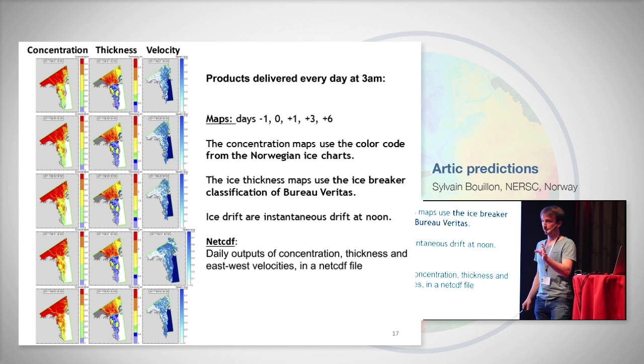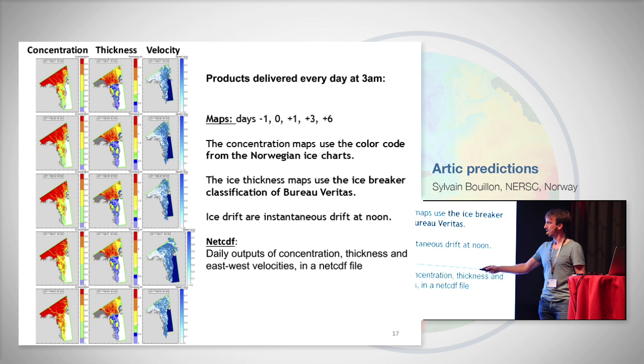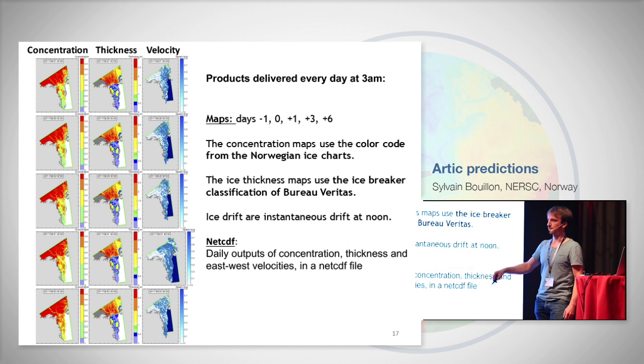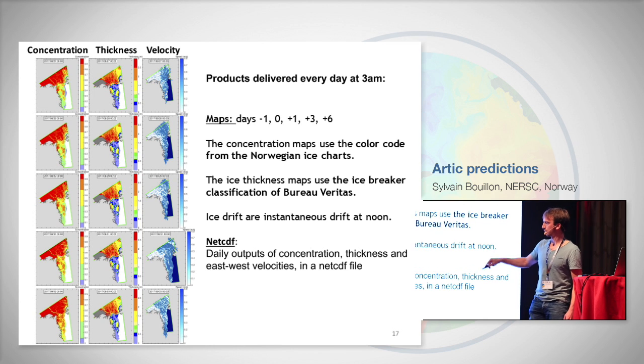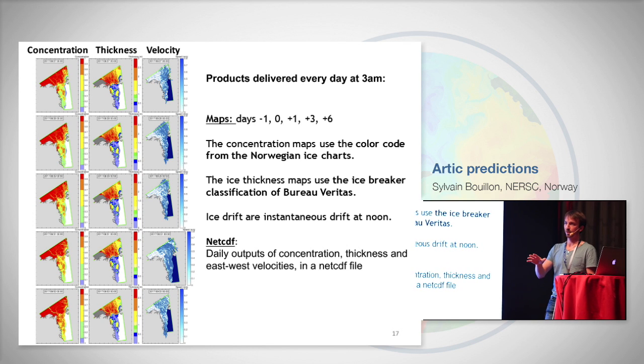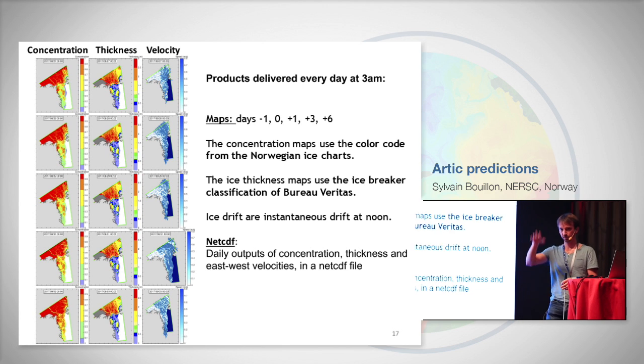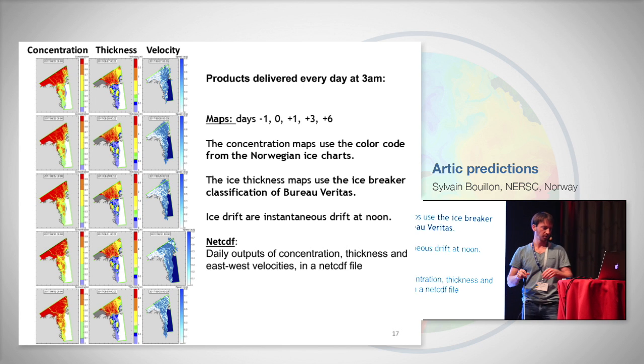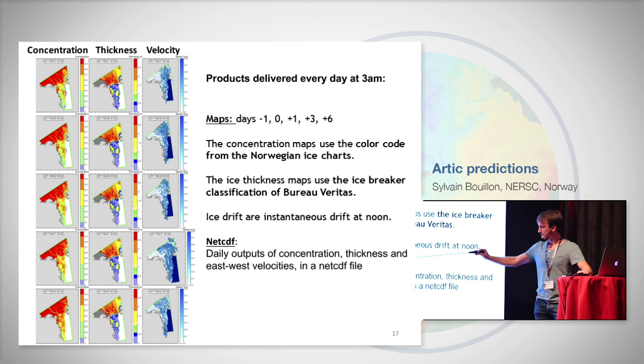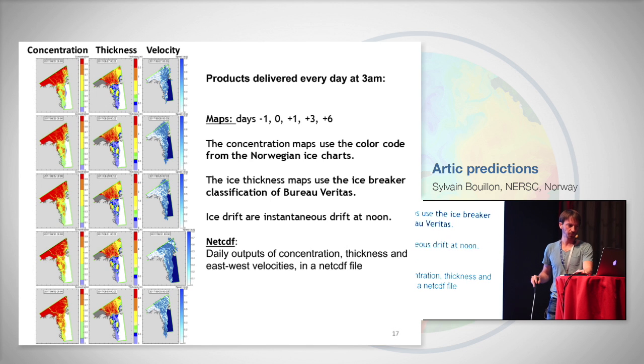So the maps were very easy to read, but the data were also available in a NetCDF format. So it's a georeferenced regular grid format. So even if the mesh is moving, it's a pure Lagrangian model, the data were easy to use.